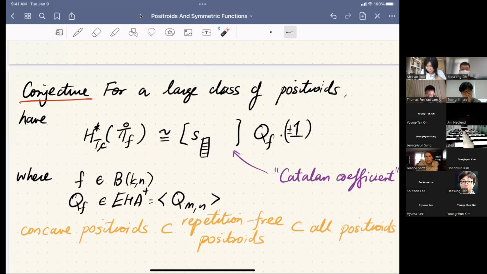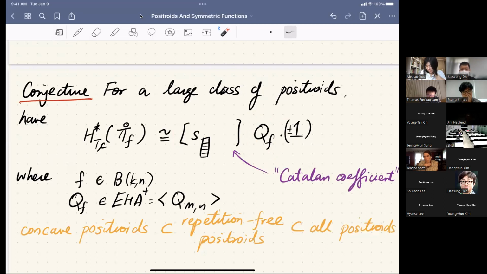It is isomorphic, in terms of generating functions, to some piece of a particular element in the elliptic Hall algebra that depends on F, acting on 1, and I take a particular coefficient that's familiar to many people, the Catalan coefficient of the symmetric function.